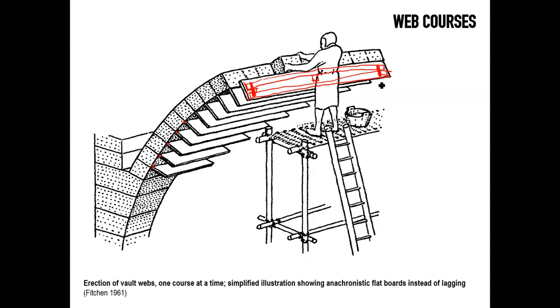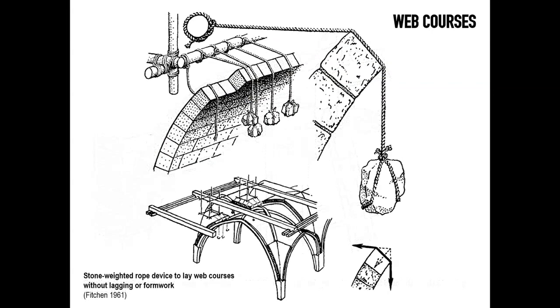So these surfaces are clearly double curvature: there is a curvature that follows the pointed arch in this way, but there is also a curvature that runs in this way, and there is also a camber very often at the top of the junction that makes things even more complex. So they are not a simple curvature that could be resolved along one line, and therefore there would have been some need for lagging that was adjustable.